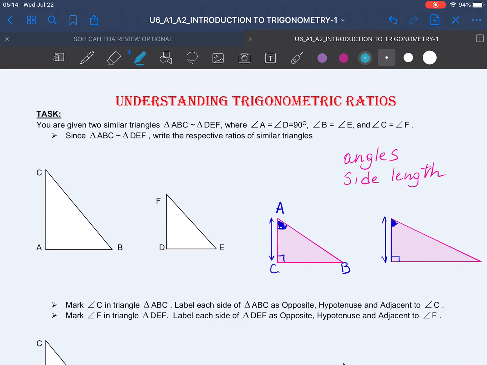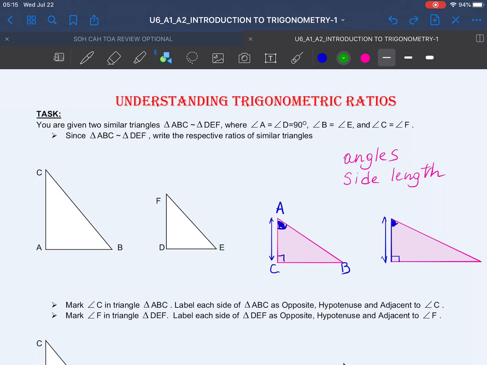So let's take another look at trig ratios in the hopes of understanding them a little better. So say that you're given two triangles. They're both right angle triangles. This one a right angle at A, a right angle at T. And we are going to say that these two triangles are also similar triangles.